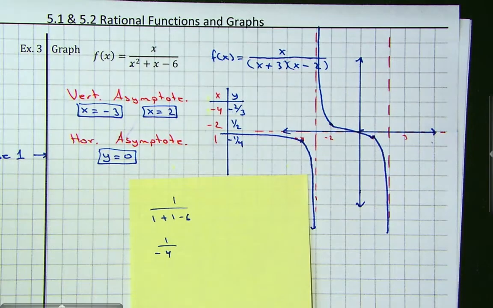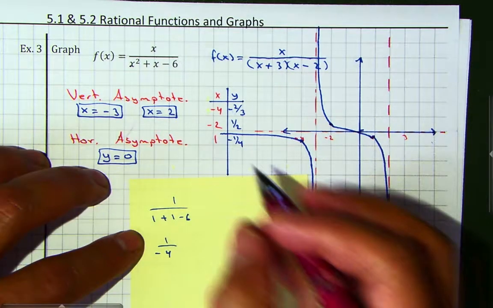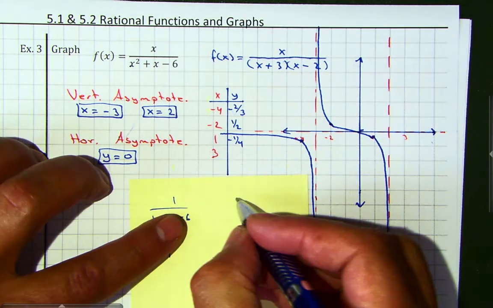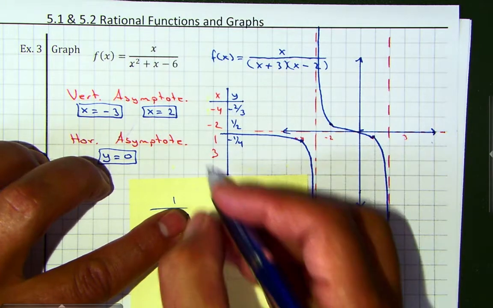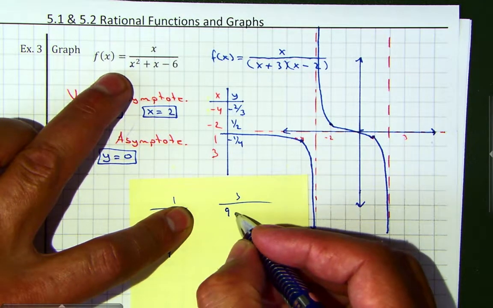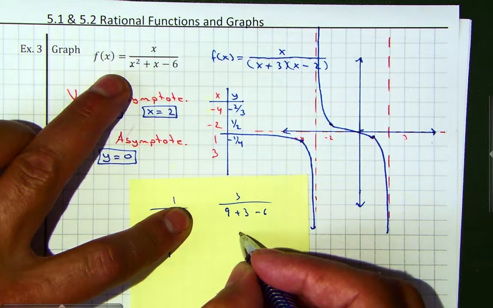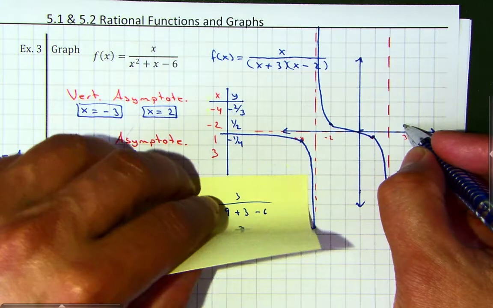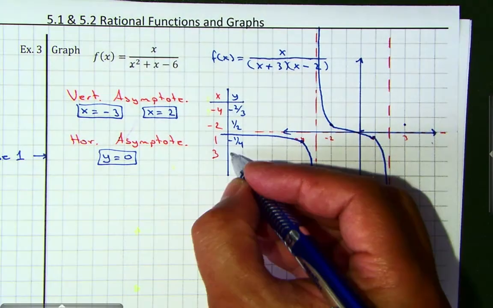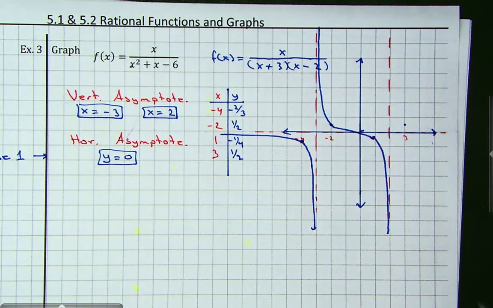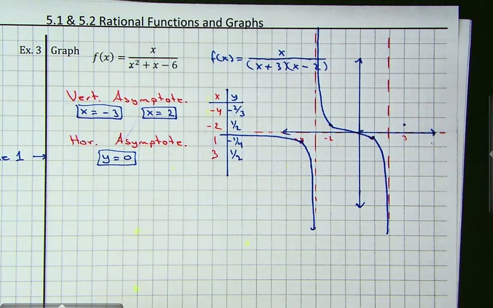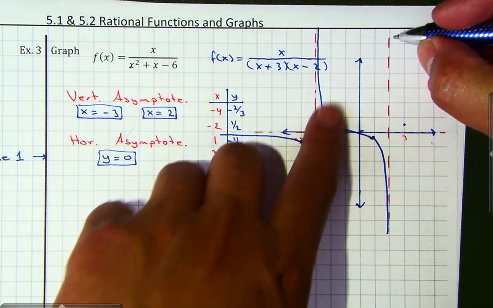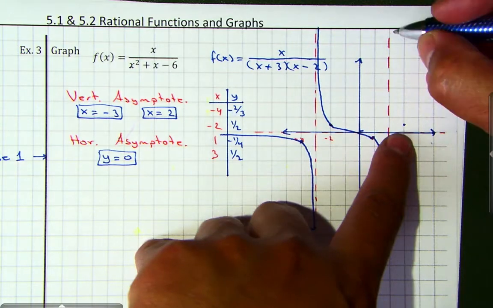And now I'll plug in a 3. That gives me 3 over 9 plus 3 minus 6, so 3 over 6, which is 1/2. So that will be on this section of the graph.